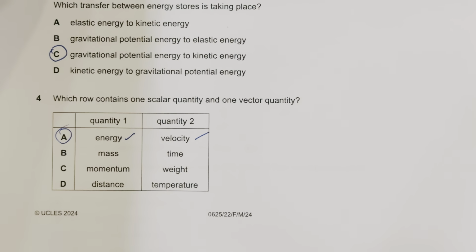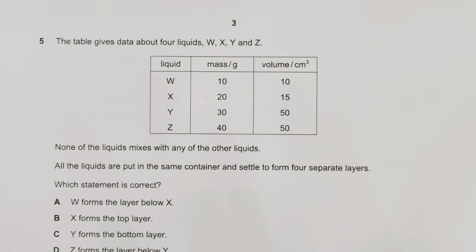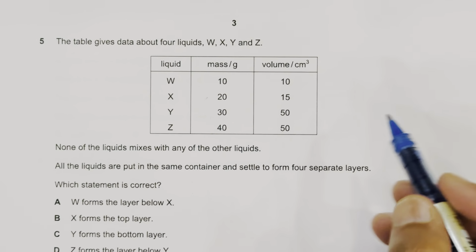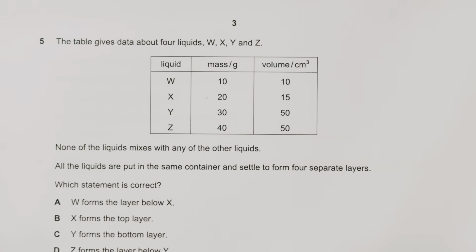Question number 5 is that the table gives the data about 4 liquids W, X, Y and Z. Note that none of the liquids mixes with any of the other liquids. All the liquids are put in the same container and settle to form 4 separate layers. Which statement is correct? First we need to put them in order.